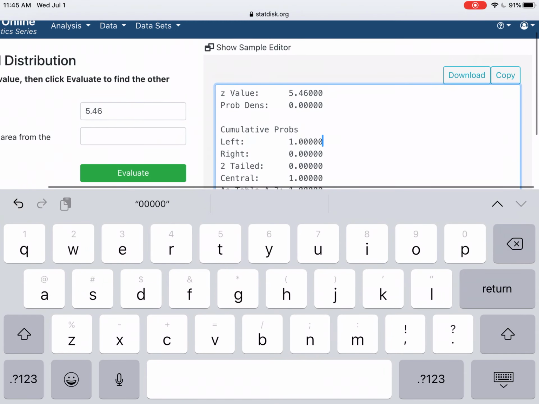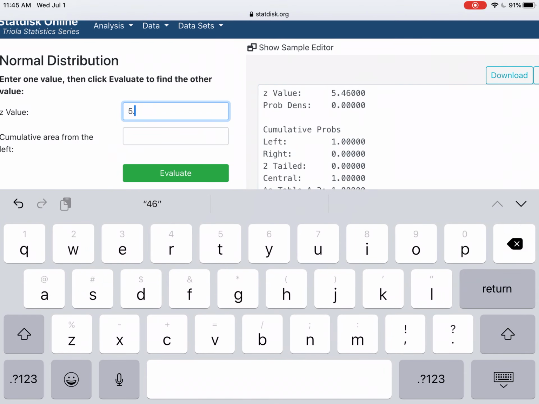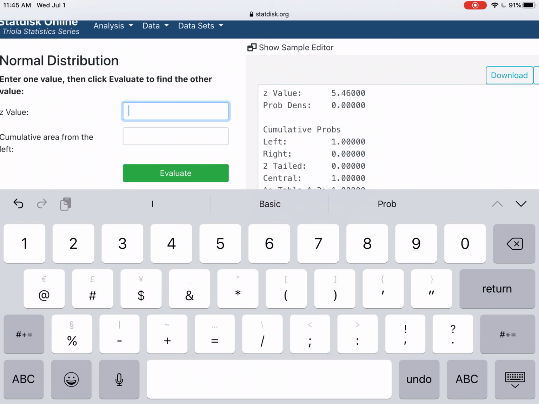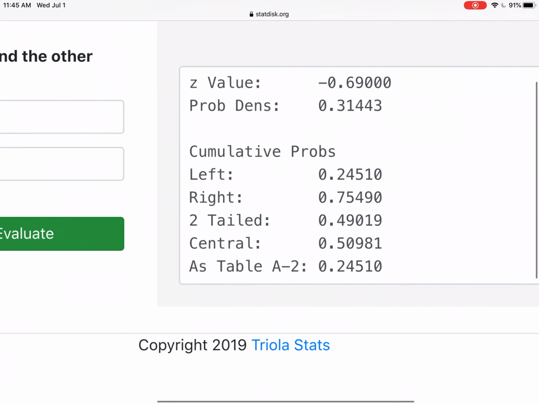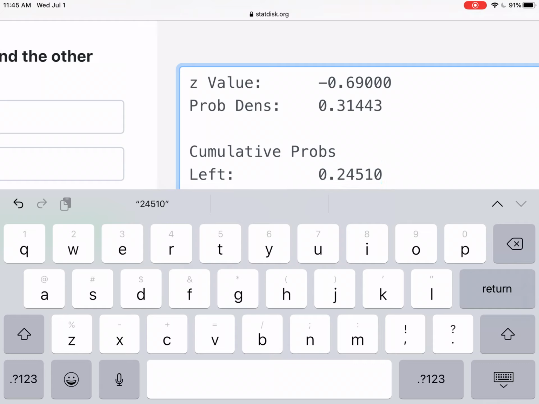So we're going to come back to StatDisk. We're going to plug in a z-value of negative 0.69. And when we evaluate that, we find the area to the left there is 0.2451. If we go to 4 decimal places, 0.2451.